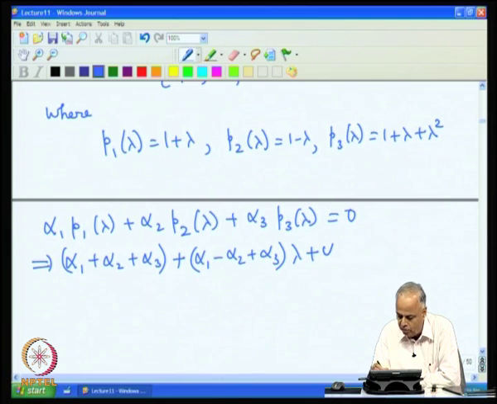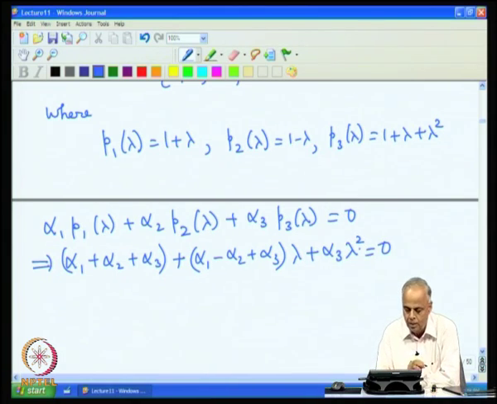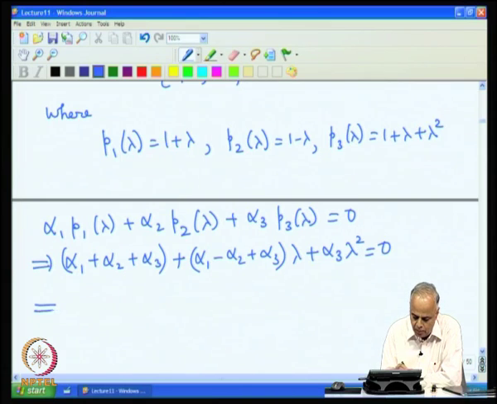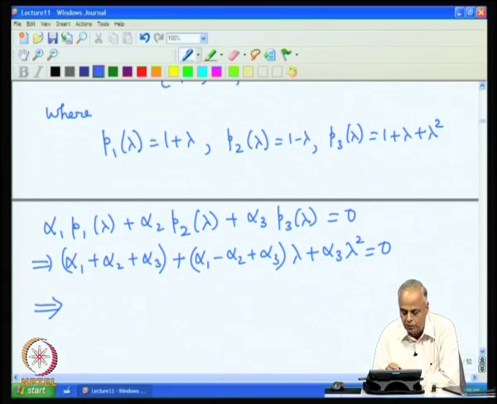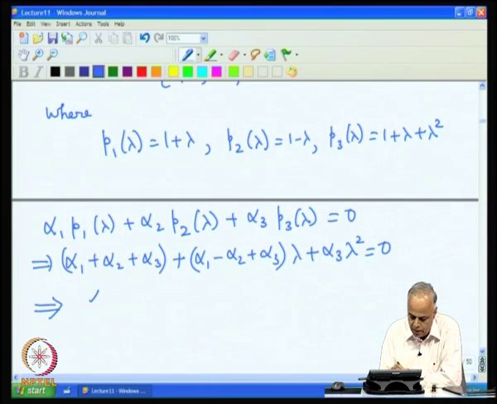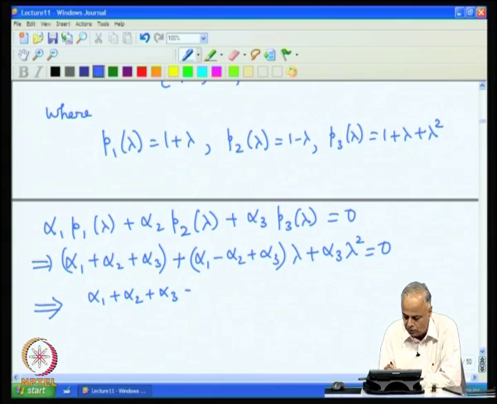So, we will get alpha 3 lambda squared, and that is 0. Since this is the 0 polynomial, all coefficients must be 0. So, that says alpha 1 plus alpha 2 plus alpha 3 is 0, alpha 1 minus alpha 2 plus alpha 3 is 0, and alpha 3 is 0.